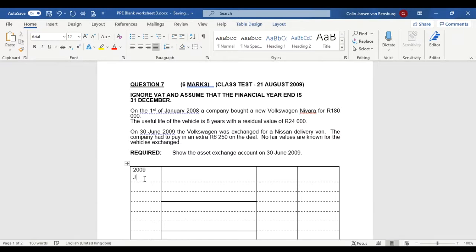This is June, and this is the 30th. Let's give it a full name there, right? You can be a little bit creative, but let's call it the full name. So the name of the asset is a Nissan delivery van, right? Nissan delivery van.